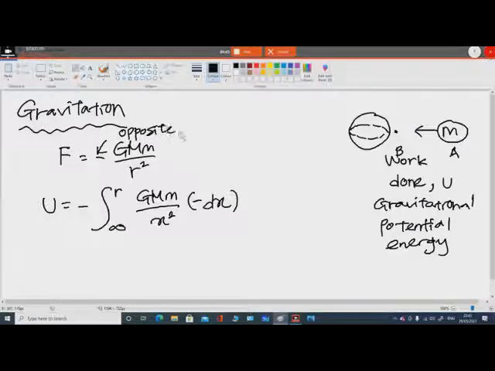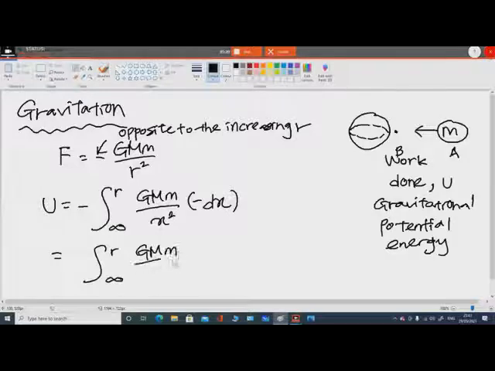The del x is also negative, as the distance keeps decreasing and getting closer to the Earth. Negative times negative will eventually give us positive. So this one is r to infinity, GMm over x squared.